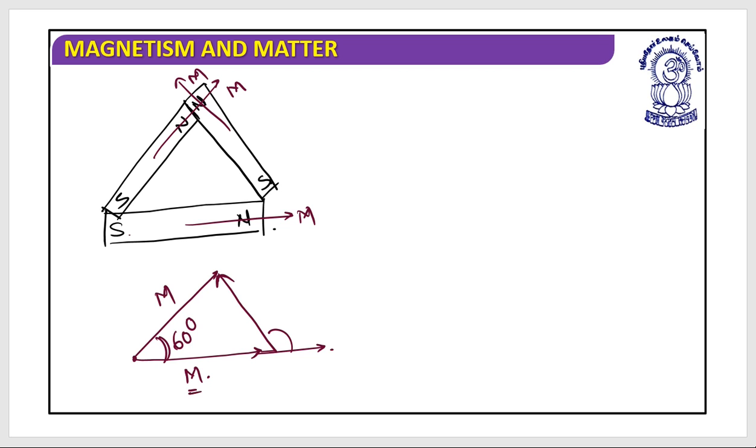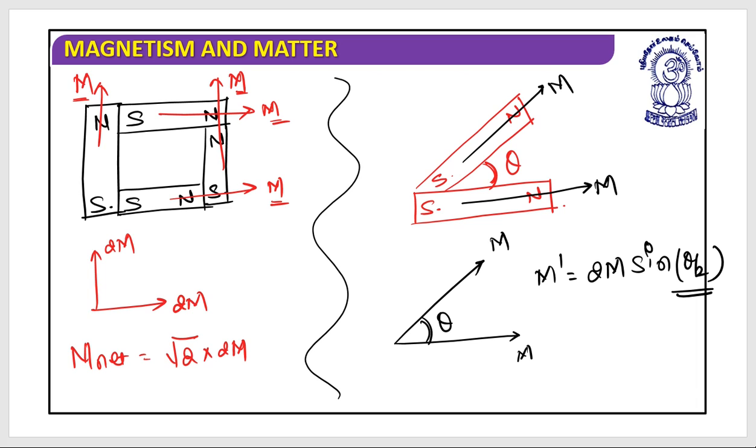So first let's just solve this. Resultant 1 is equal to 2 into M into sine of theta by 2. Sorry, it's cos theta by 2, my mistake. Even I made a mistake over here. It's M dash equal to 2M cos theta by 2.